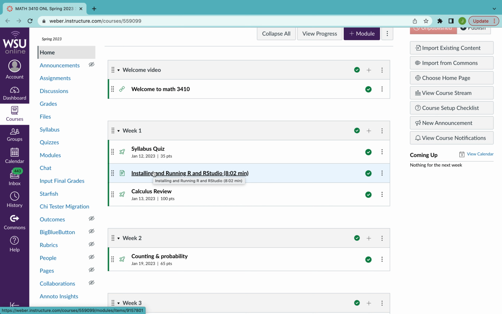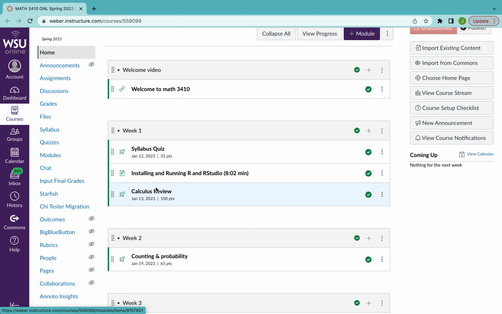You can probably get away without it. There was one module in which you may need it, most notably in talking about graphs and statistics. Then the prerequisite for this course is Calculus 1, so I have a calculus review.